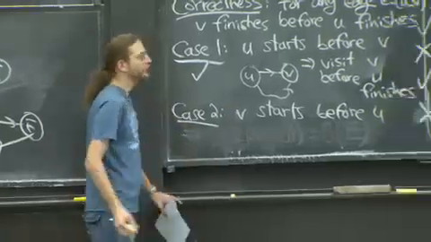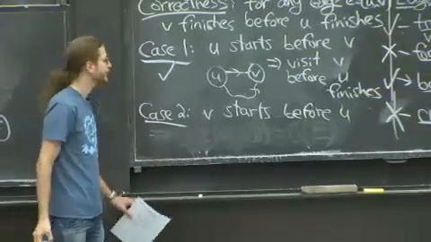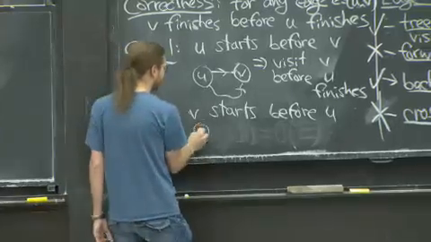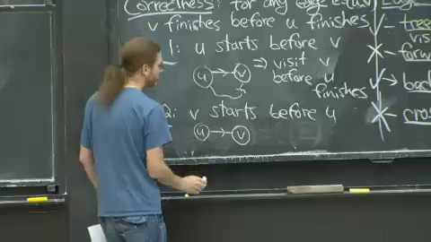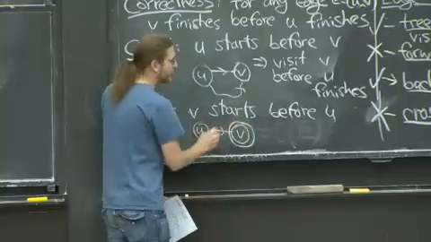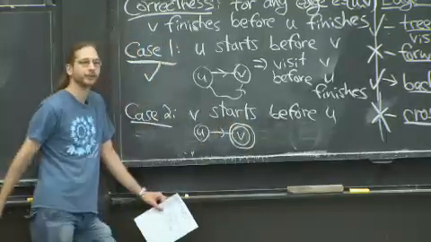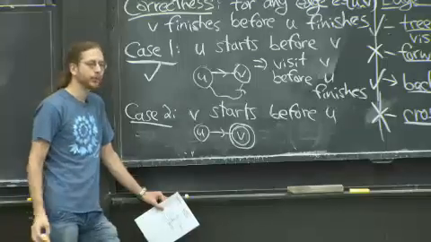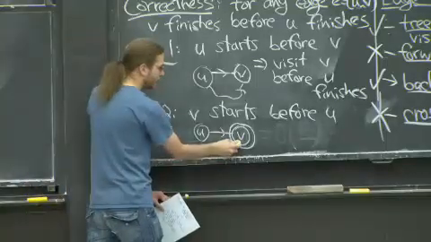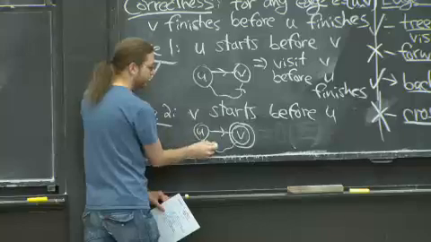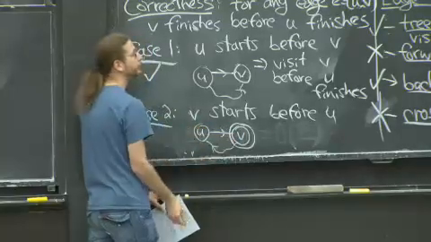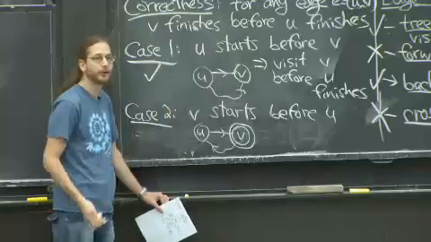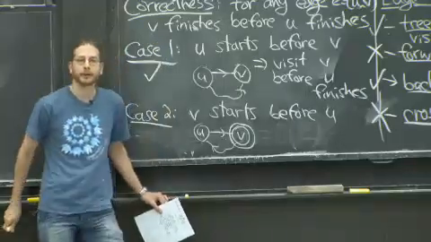The other case is that v starts before u. Here you might get slightly worried. So we have an edge uv still, same direction. But now we start at v. u has not yet been visited. Well, now we worry that we visit u. If we visit u, we're going to finish u before we finish v, but we want it to be the other way around. Why can't that happen?